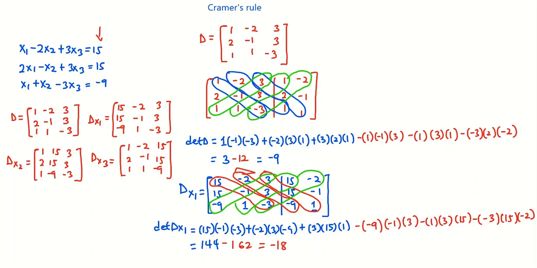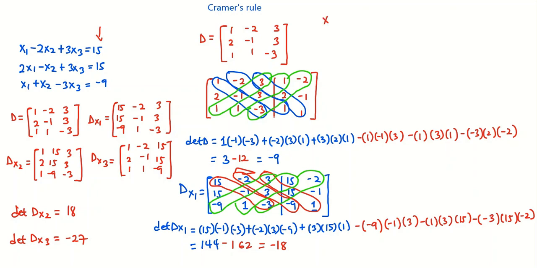Okay, so when you find the determinant of dx2, you're supposed to get 18, and then the determinant of dx3 should give you a value of minus 27. Okay, so with all these values, we can find x1, x2, and then x3.